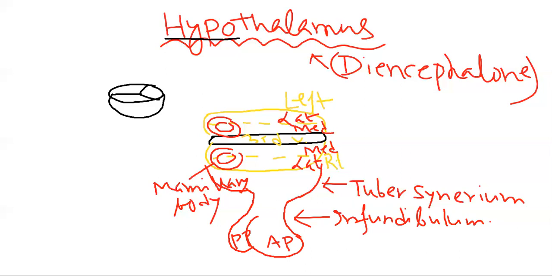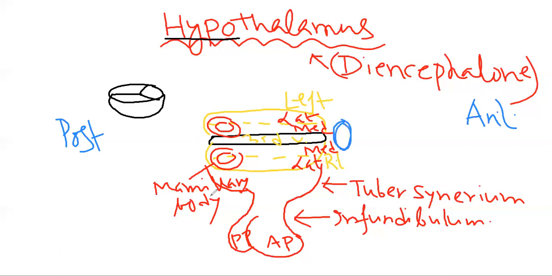Now, in front of this hypothalamus there is an important structure. Before we go into detail, we should know which one is the anterior and which one is the posterior. Of course, this part is the anterior part, and this part is the posterior part. In the anterior part of the hypothalamus, the most important structure located is the optic chiasma.